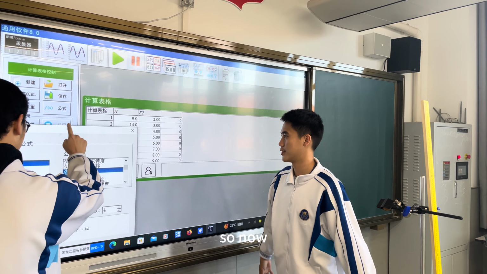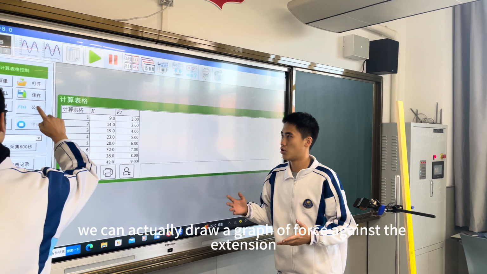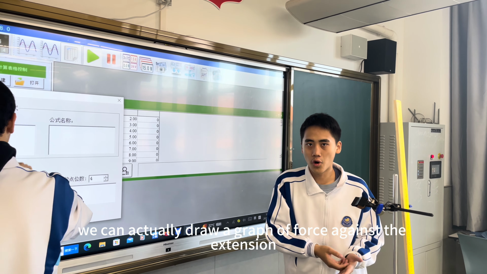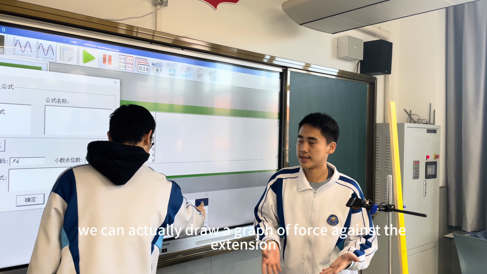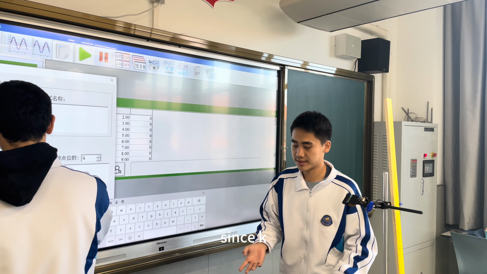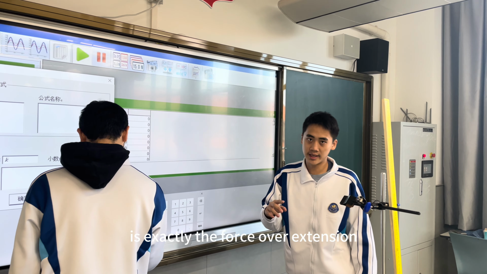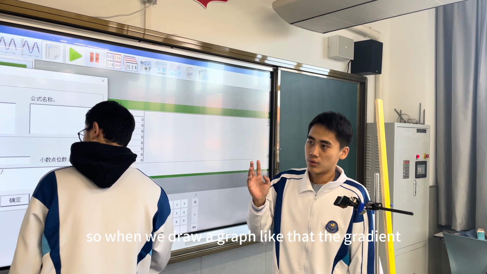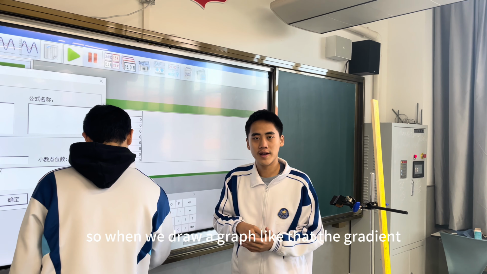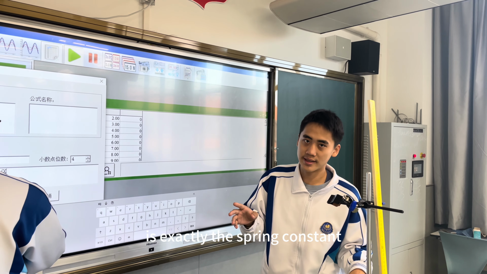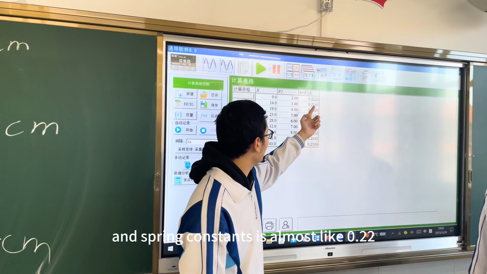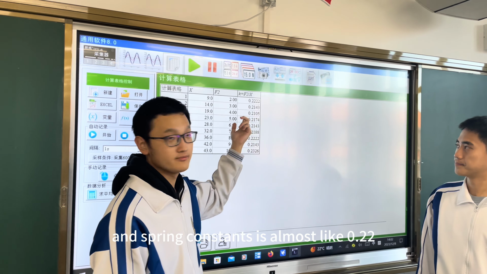We can draw a graph of force against extension, since K is exactly the force over the extension. When we draw a graph like that, the gradient is exactly the spring constant. And the spring constant is almost 0.22. Yeah, almost.